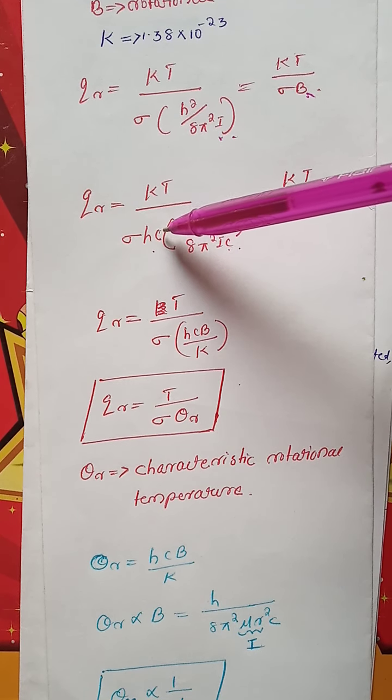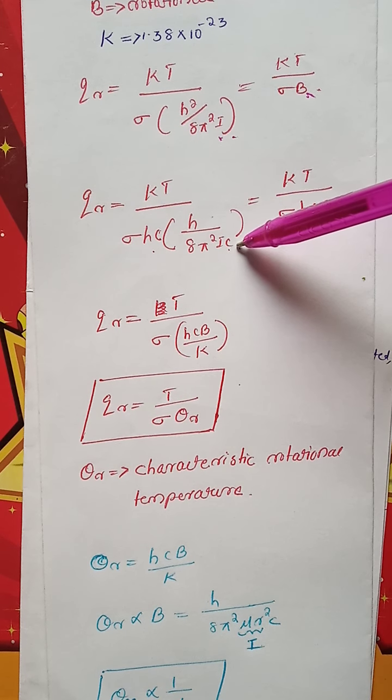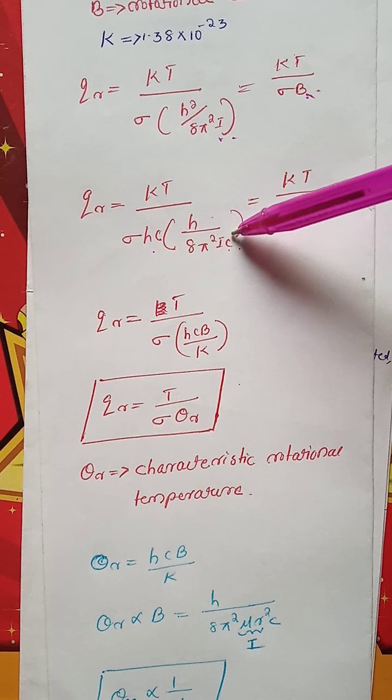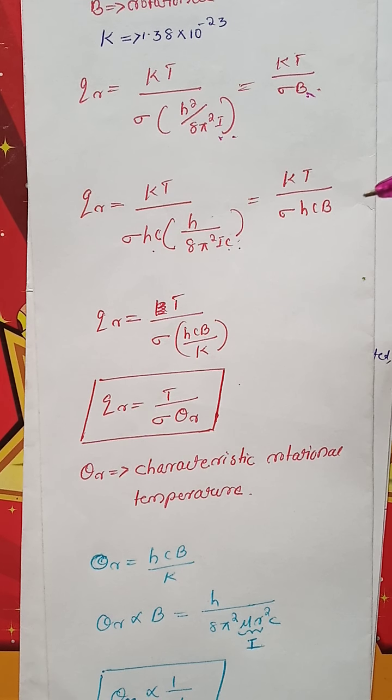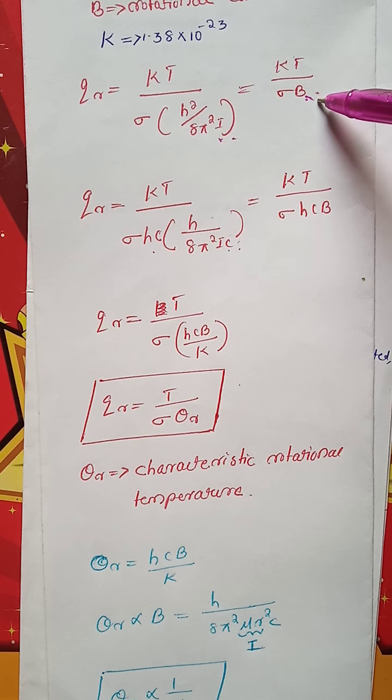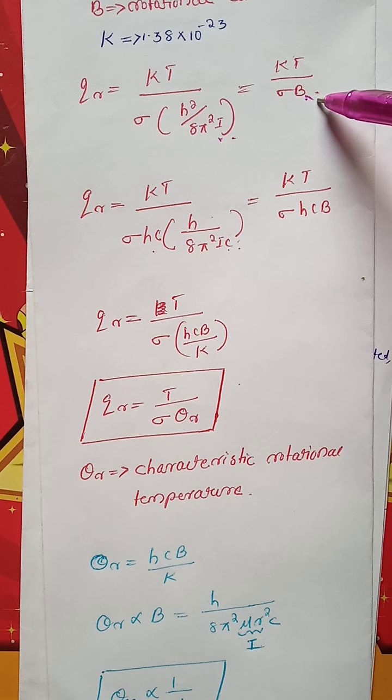So one c is taken outside and one c is taken within the bracket. So this term becomes B, the rotational constant in centimeter inverse. So our equation becomes kT by sigma hcB. This equation is for the rotational constant in joules.